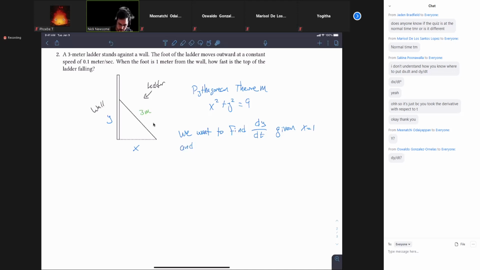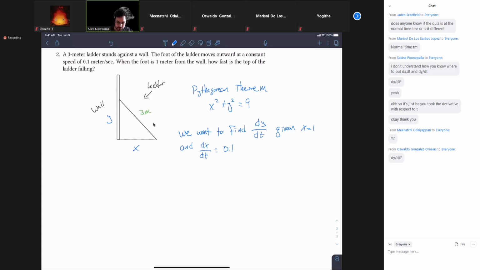And I know that the bottom of the ladder is moving away from the wall at 0.1 meters per second. That means dx dt, the rate at which the foot of the ladder is moving, is 0.1. This is the problem. I want to find dy dt given that x is 1 and dx dt is 0.1.